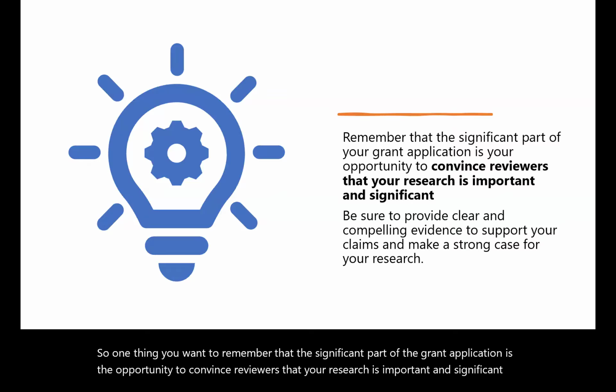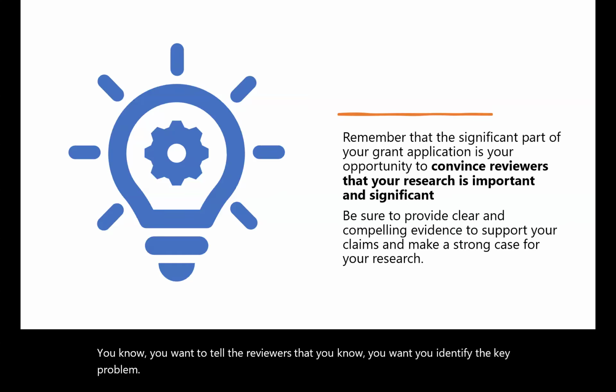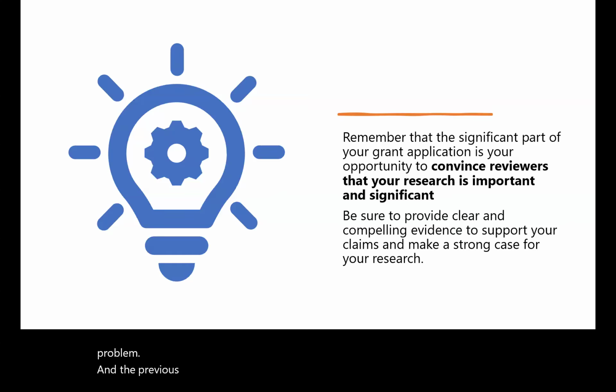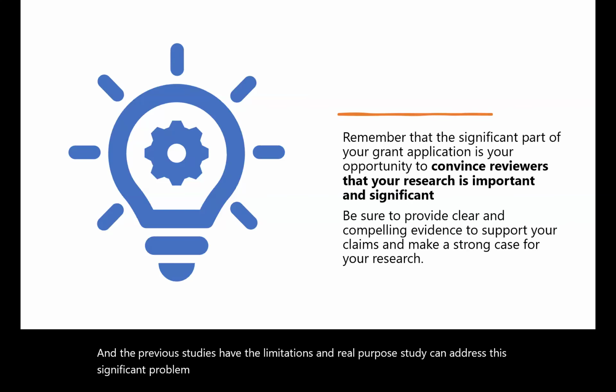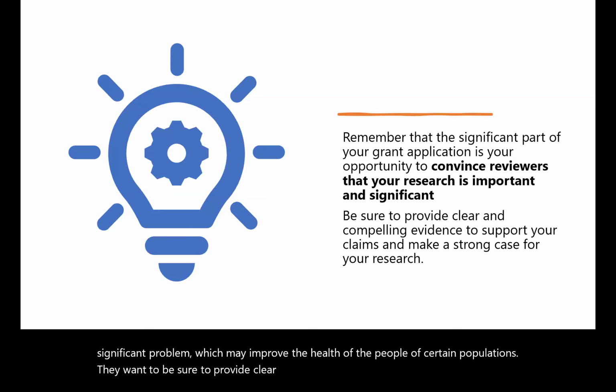You want to tell the reviewers that you identify the key problem, and the previous studies have limitations, and your proposed study can address this significant problem, which may improve the health of certain populations. You want to be sure to provide clear and compelling evidence to support your claim and make a strong case for your research.